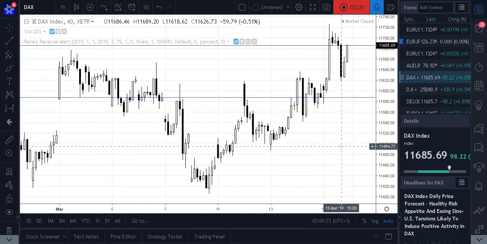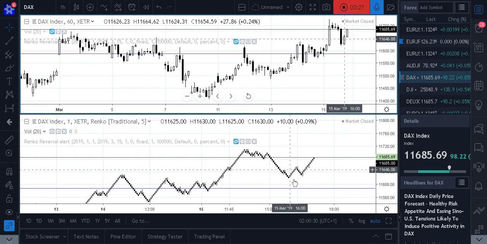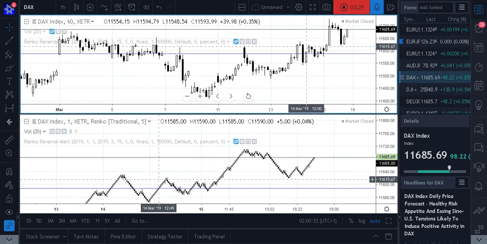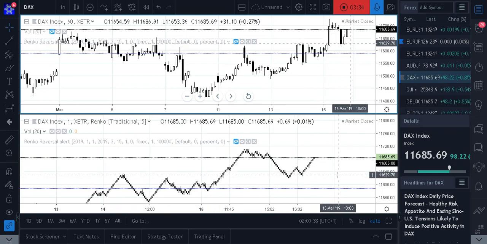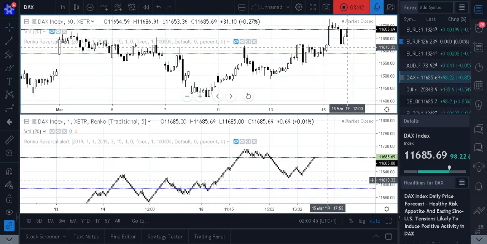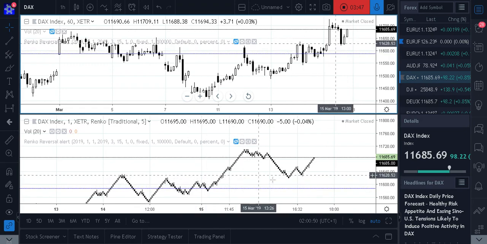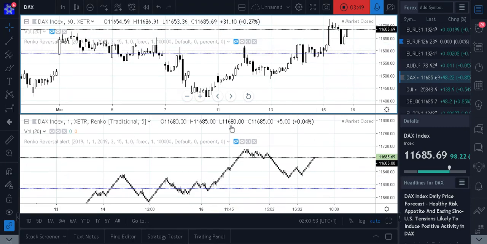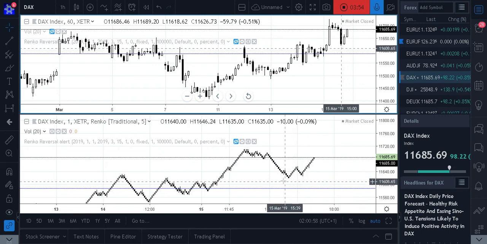So that's when the Renko-chart comes into play. Let me switch this. Now on the bottom I have plotted the Renko-chart. Just before we get started, I have not handpicked this region. This is simply the most recent price action, so I did not handpick it just to fit my explanations.